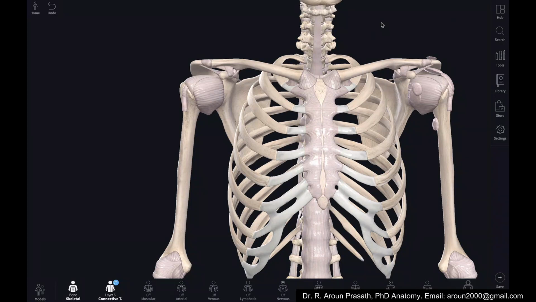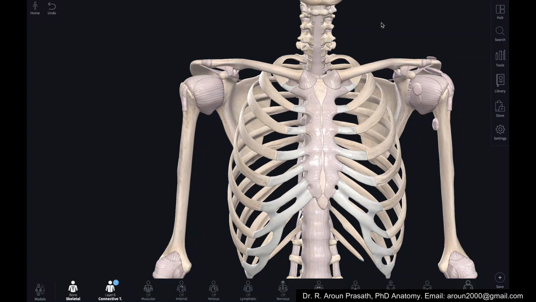As I told you, ball and socket joints can give movement in any direction. So there is flexion movement, extension movement, abduction movement, adduction movement, internal rotation movement, external rotation movement.